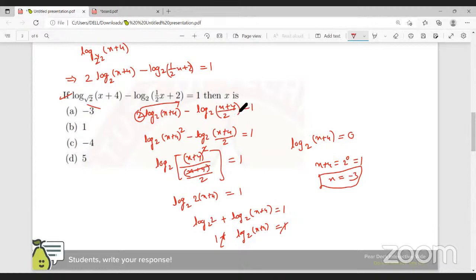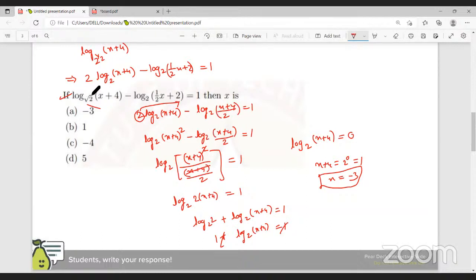You open this bracket, so you can write log (x + 4) minus log 2 to the base 2. Then when you open it, it will become plus. So it becomes log 2 (x + 4), and then we have plus log 2 with base 2, which is 1. So we will directly get that equation. Yeah, we can get that also.